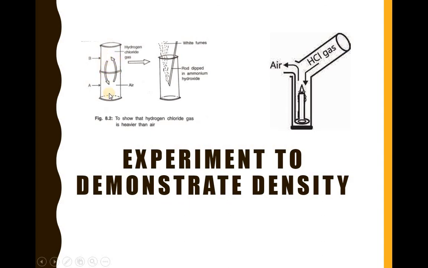Hydrogen chloride gas will occupy jar A and the air will occupy jar B because air is lighter than hydrogen chloride. Now take out this gas jar. It is now filled with hydrogen chloride. Introduce a rod dipped in ammonium hydroxide. So white fumes will be seen. So this shows that hydrogen chloride displaces air as it is heavier than air.